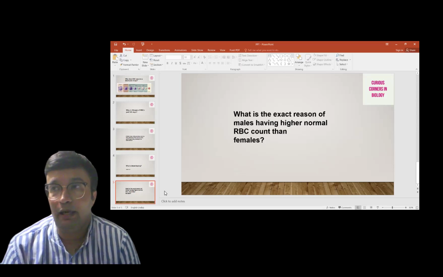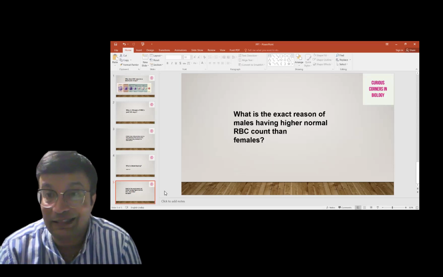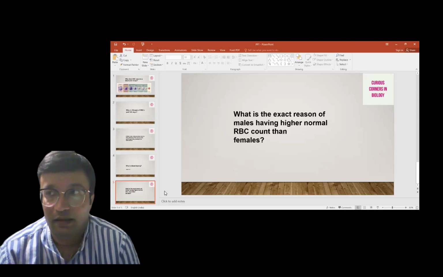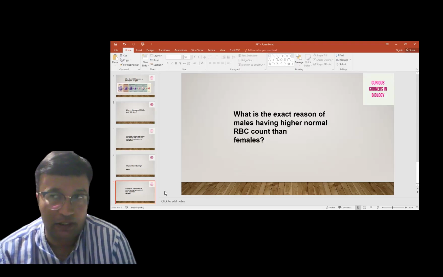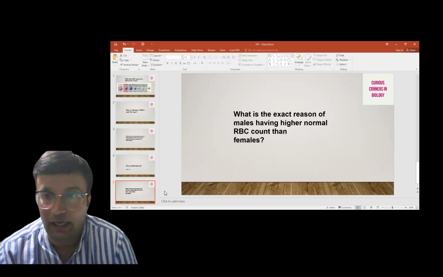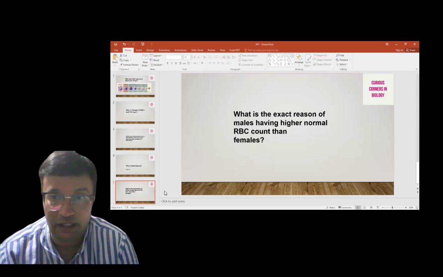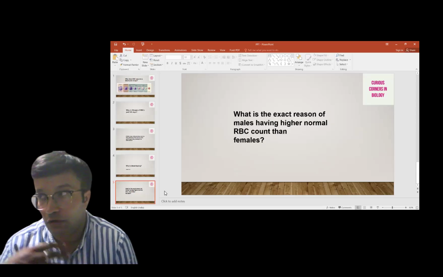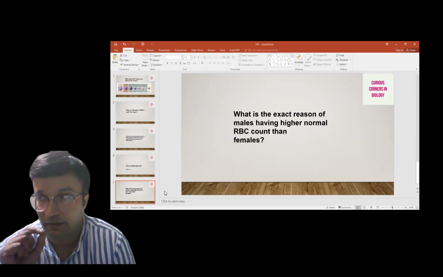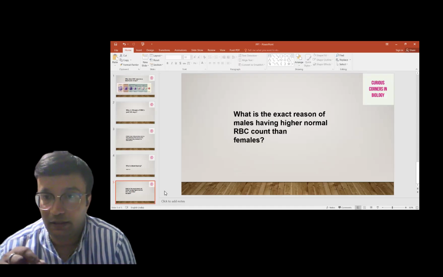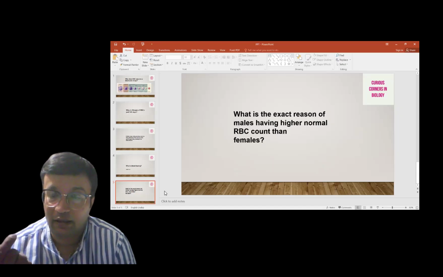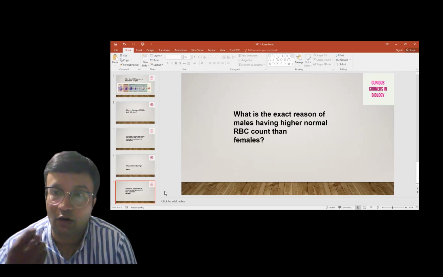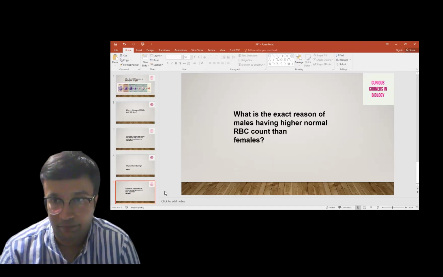But if we talk about cells like skin cells, hair cells, or any other somatic cells, it has been observed that the genetic complement of these cells won't change. Although it has been observed that cells in urine, epithelial cells, even the cells of nails will show the genetic complement of the donor.